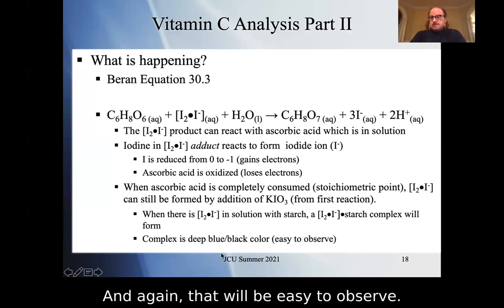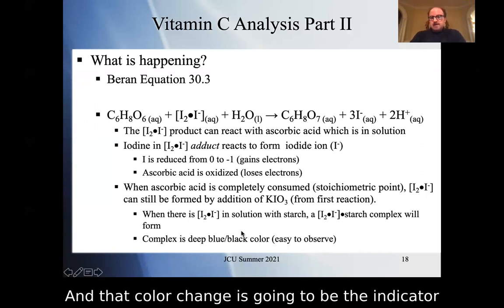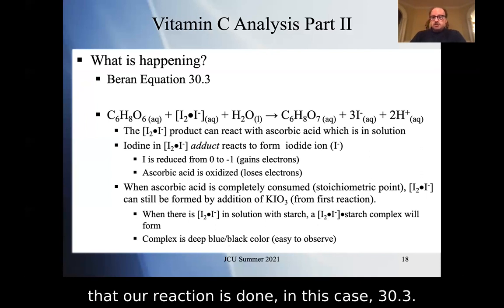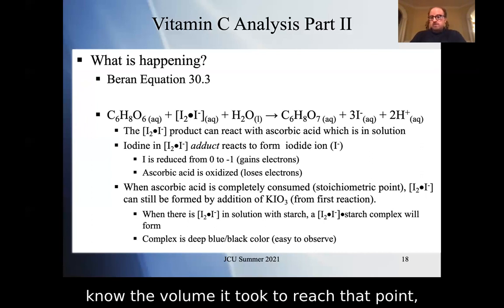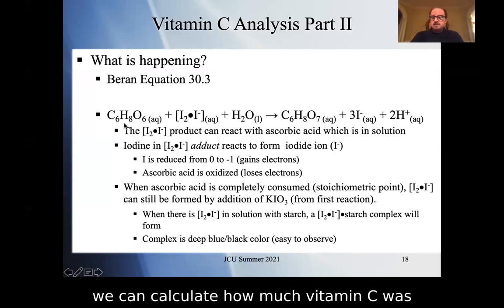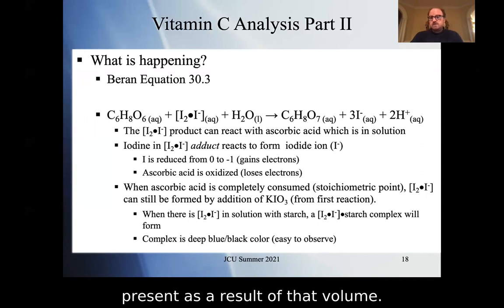And again, that will be easy to observe. That color change is going to be the indicator that our reaction is done, in this case 30.3, and we will now know the volume it took to reach that point. That's important because if we know the volume it took to reach that point, we can calculate how much vitamin C was present as a result of that volume.